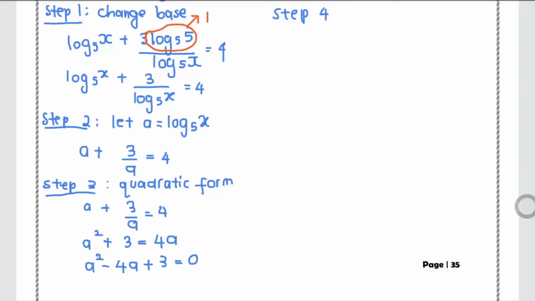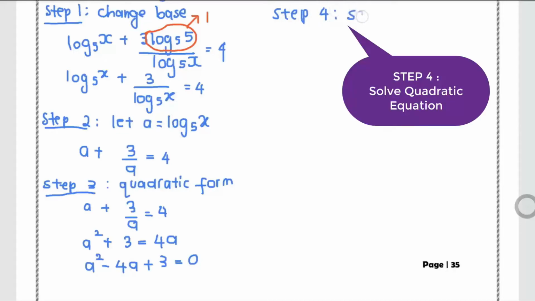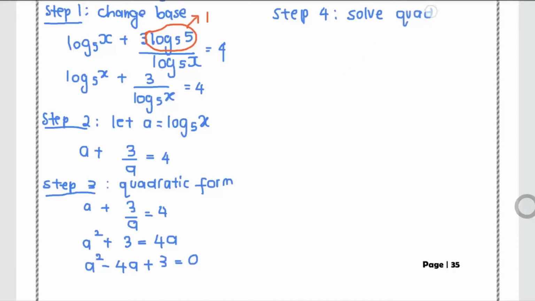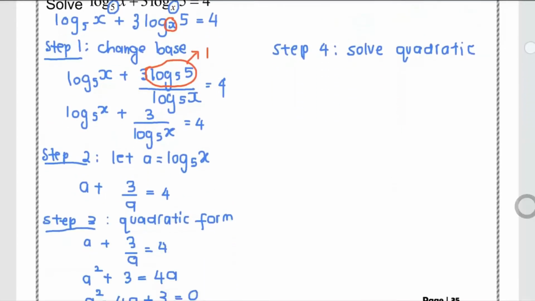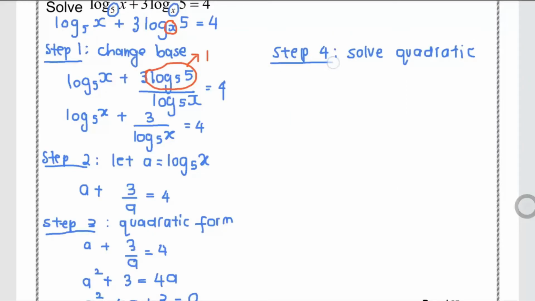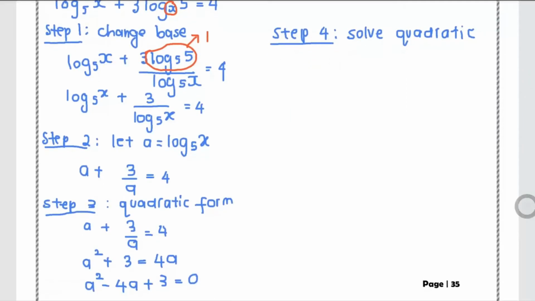Since we have a quadratic, we will solve the quadratic. Again, to solve a quadratic equation, we can simply use our calculator. We have our quadratic here: a squared minus 4a plus 3 equals 0. So factorize it.